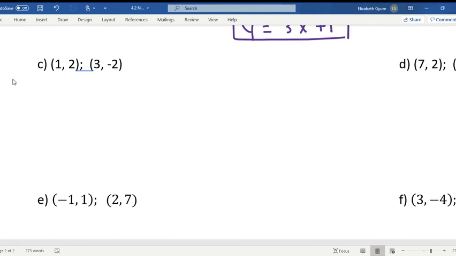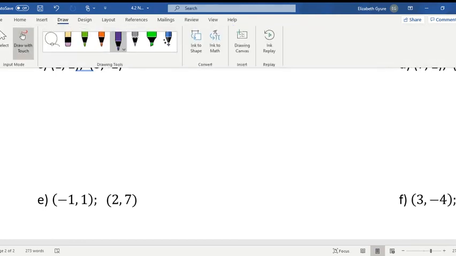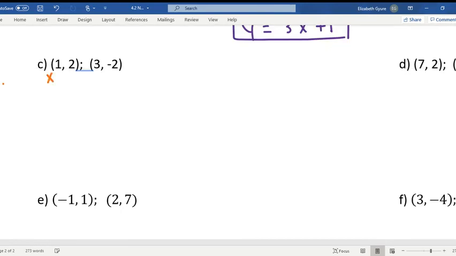Okay, so you have 2 points, but I don't have a point and a slope, right? I need to find the slope. Can we find the slope? Absolutely, yep, find the slope. So let's label it. I got my x1, I got my y1, I got my x2, I got my y2.